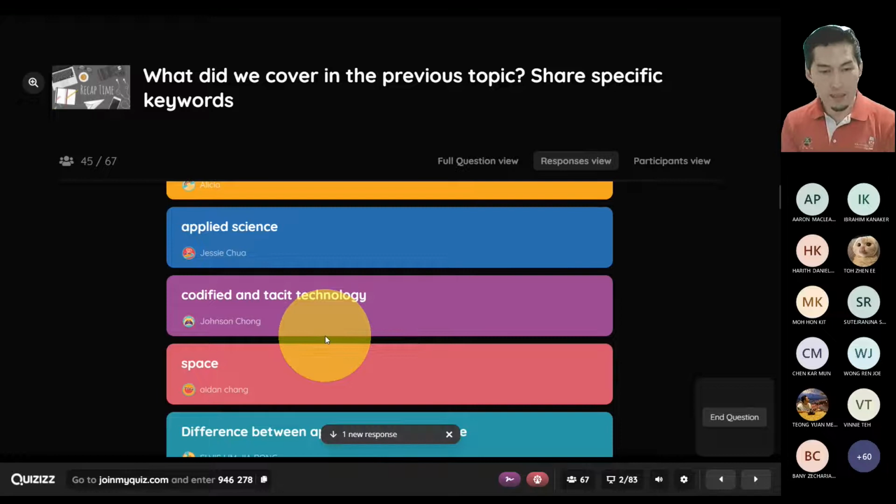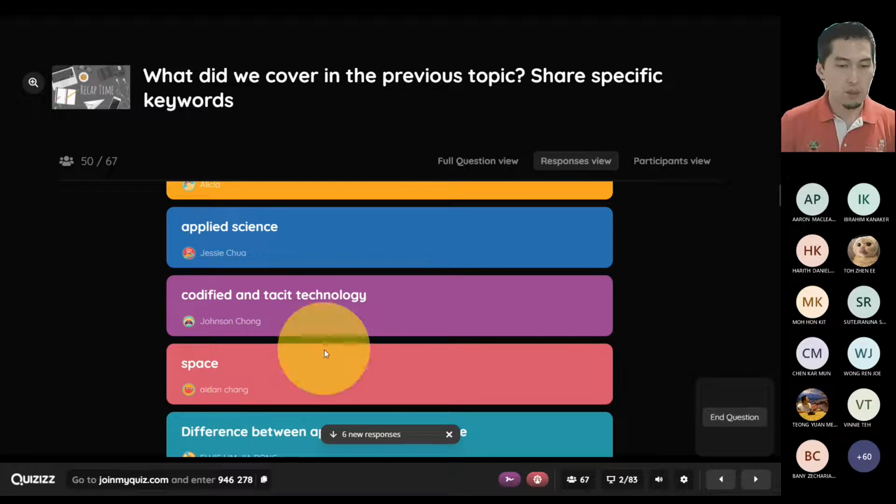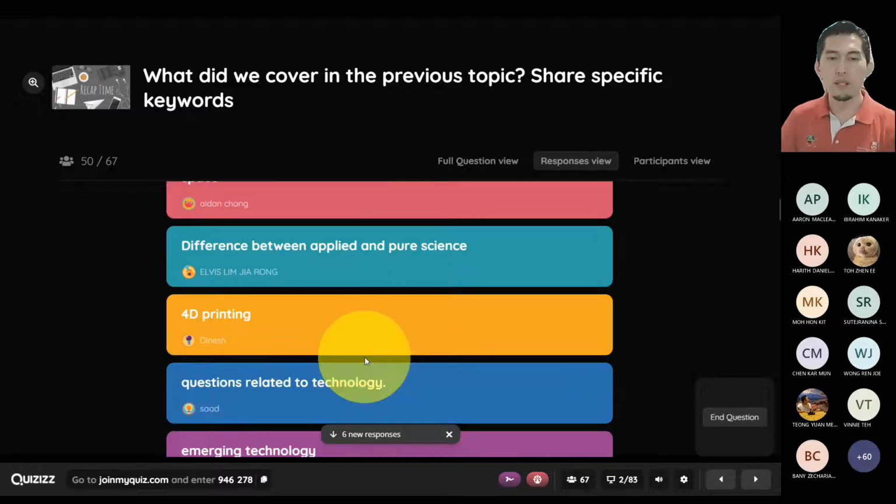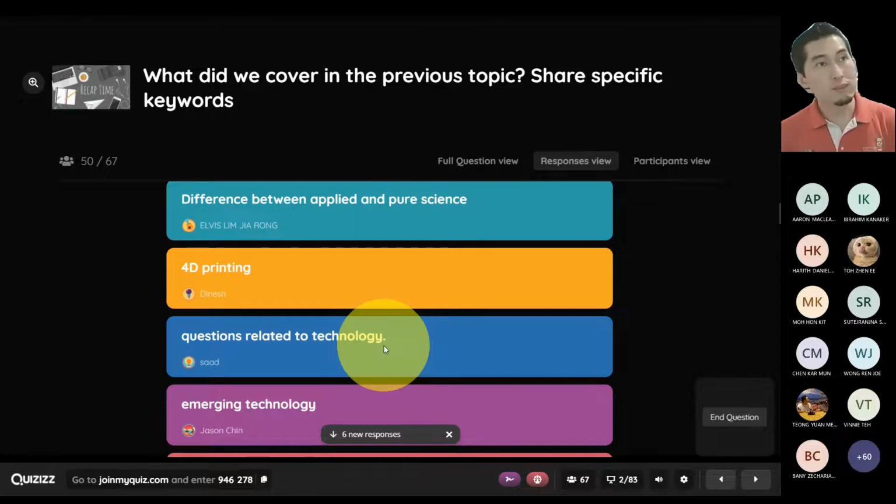Aidan remembers a bit of space. We are covering space a bit today as well, as you will see after this. One of the areas of the importance of technology, that is space. A difference between applied and pure science. Yep. 4D printing. Dinesh remembers that. I didn't really cover it per se.